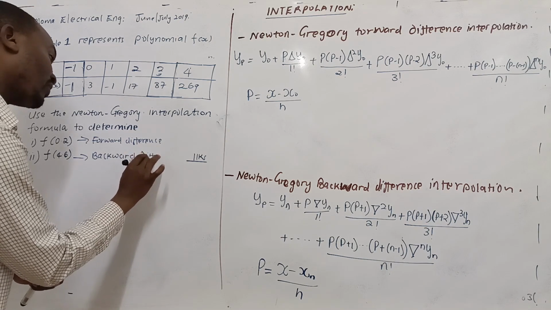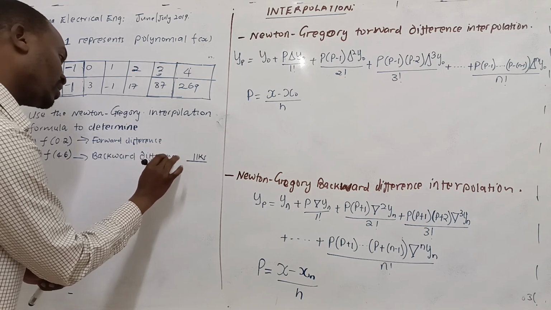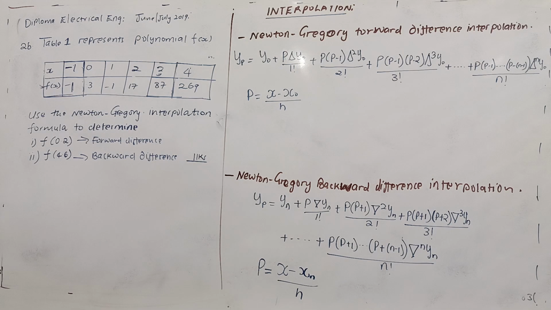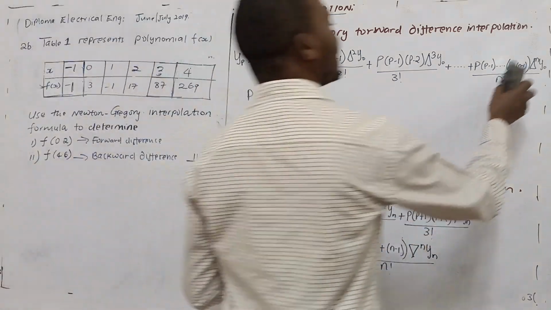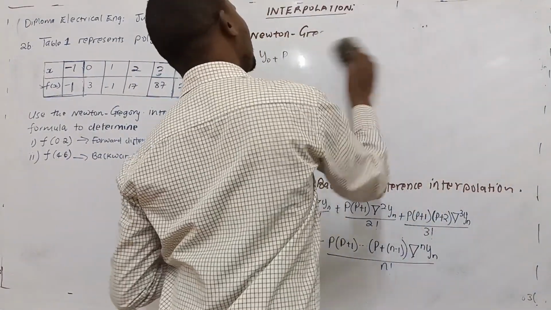But if you use forward for both of them, you still get the same answer. But you have to be very keen on how you're working on it, especially how you get your P, and how you also take your values. The question is 11 marks, so the first thing I'm going to do is create a finite difference table.